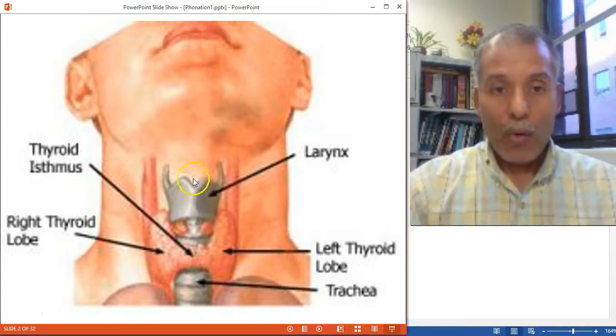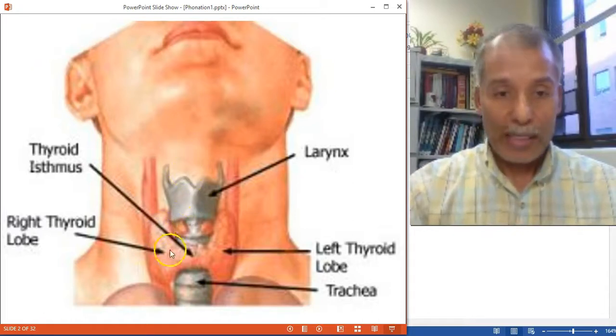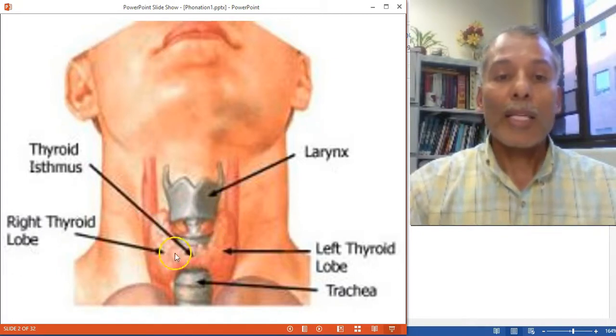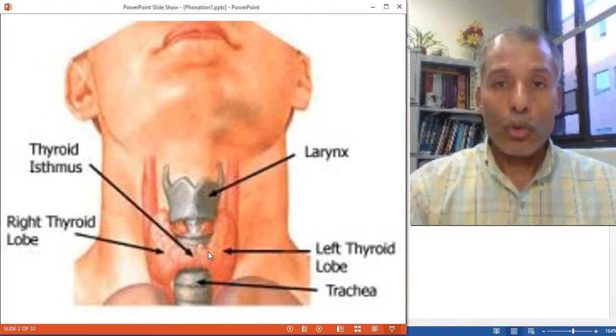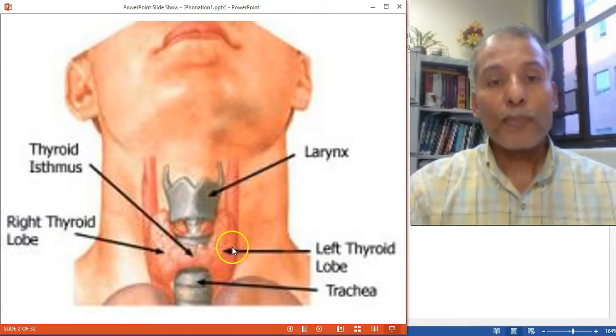You can see how the larynx is positioned in the middle of the neck, and around it you have the thyroid gland. That is the gland that controls consumption of your energy, telling your body to burn less or more energy.